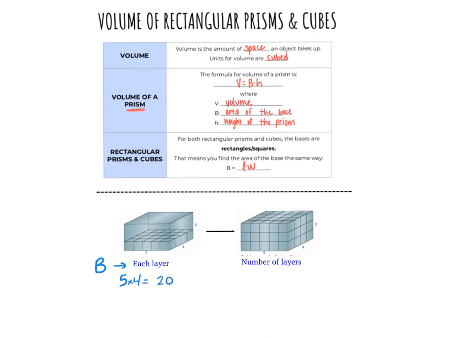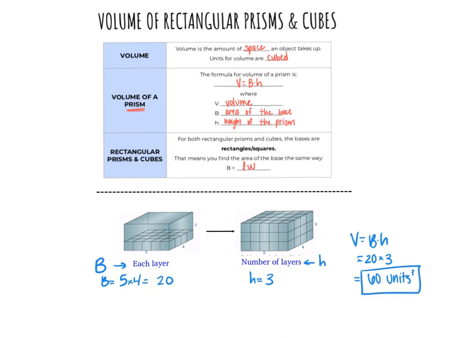The number of layers you could fit would refer to the height of the prism. So here, our height is 3 because I had 3 layers. So that means the total volume for this particular prism would come from 1 layer of the capital B, which is 20, times the height, which would be 3. So this volume would be 60 units cubed.